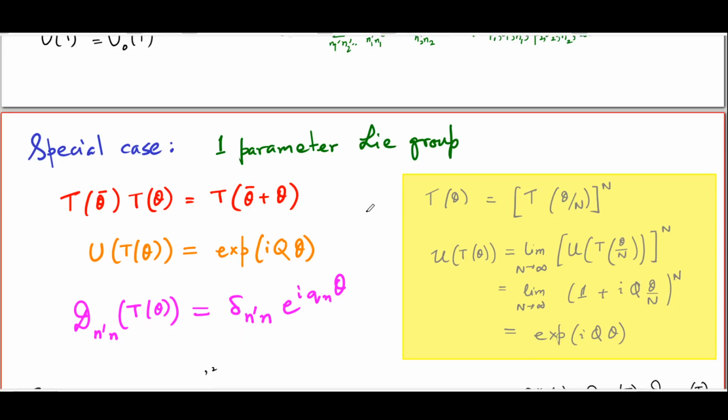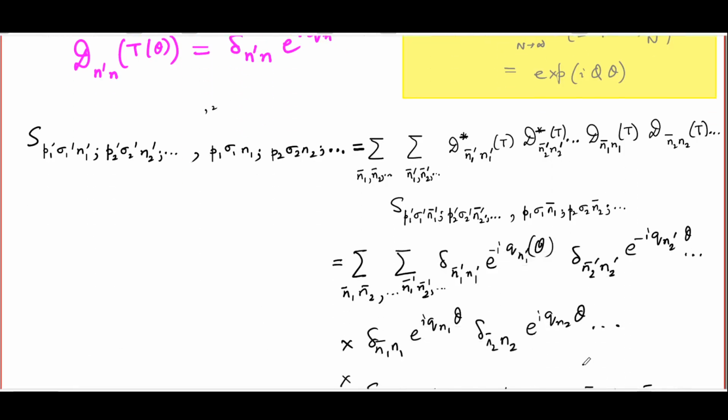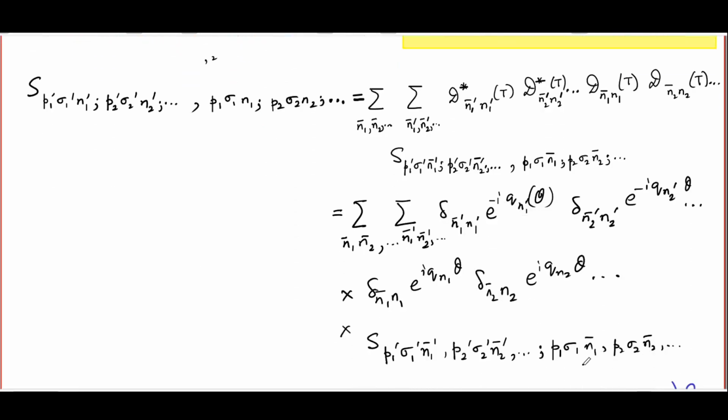Now, if we put this particular form into our general expression for the way in which the S matrix elements behave when you have an internal symmetry, that is, it obeys this particular identity, then the following happens. Notice that what we have done here is we have replaced the D star n1 bar prime n1 prime, D star n2 bar prime n2 prime, etc. by these terms.